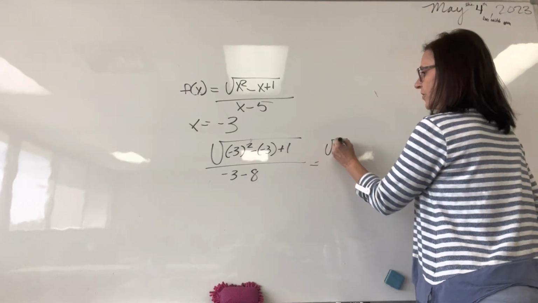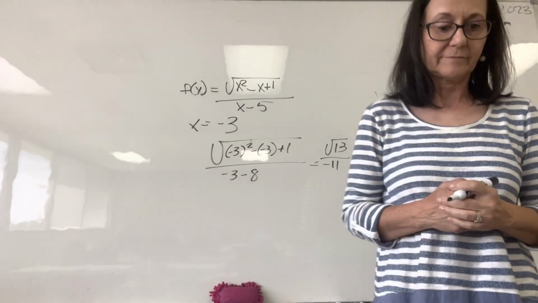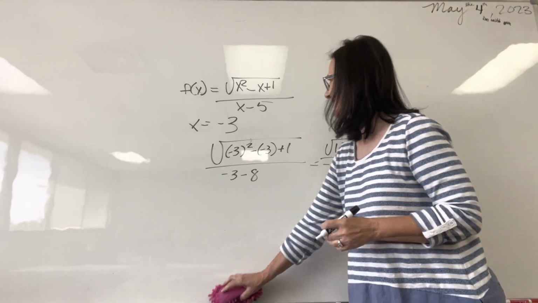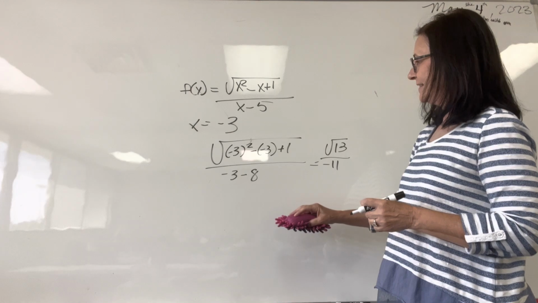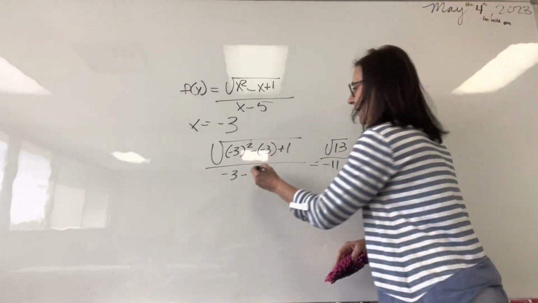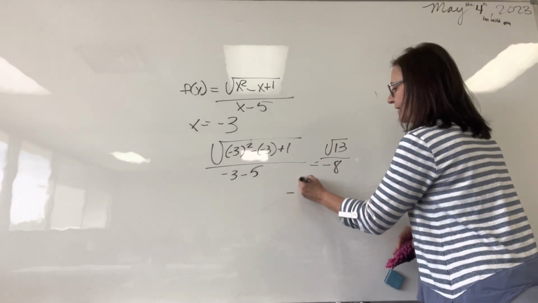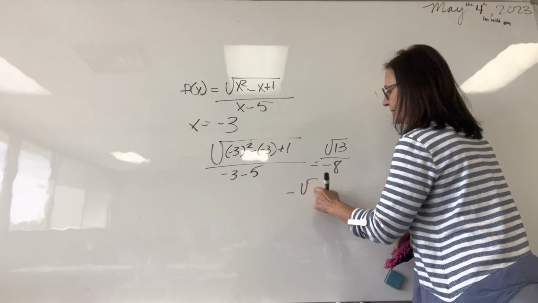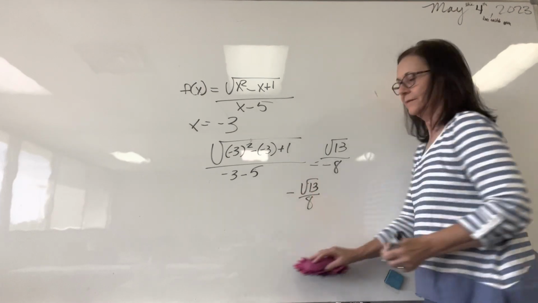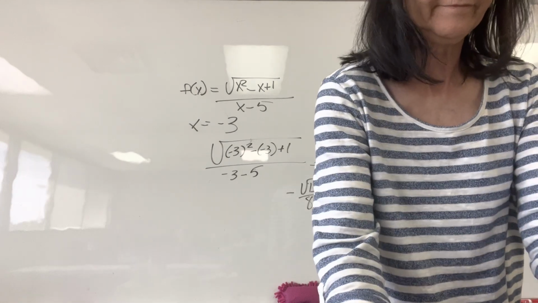So it's the square root of 13 over -3 minus 5, not -6, so -8. So that would be negative square root of 13 over 8. We're going to rationalize the numerator? I would leave it.